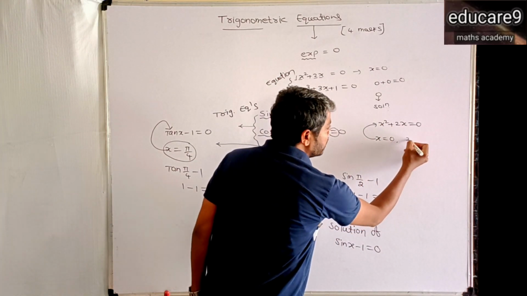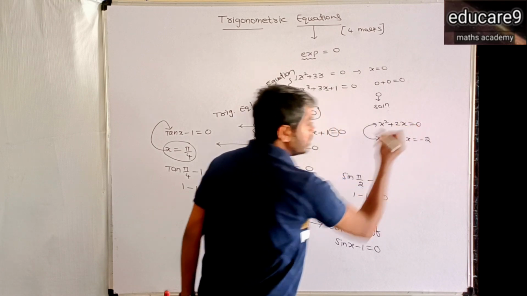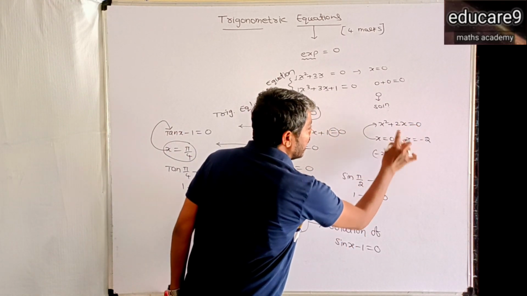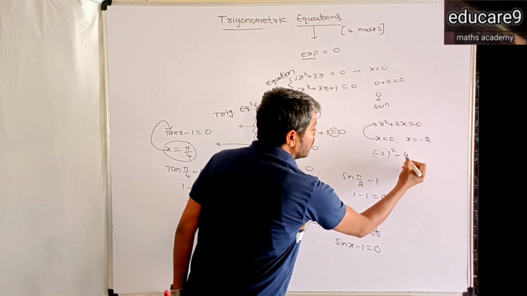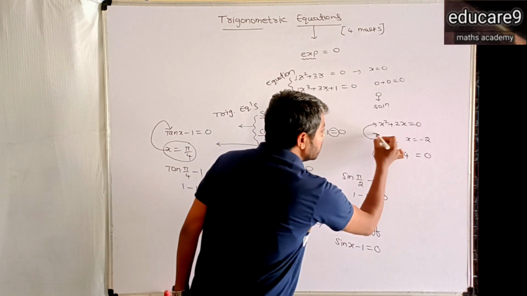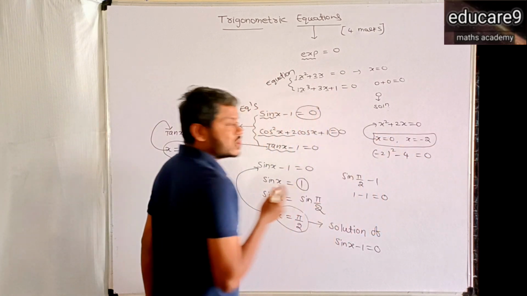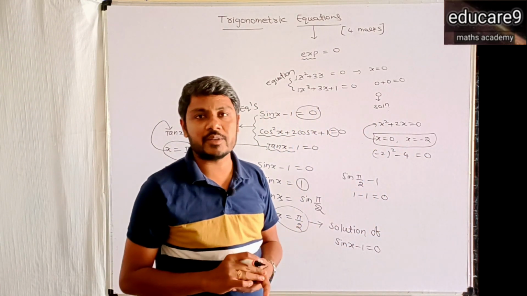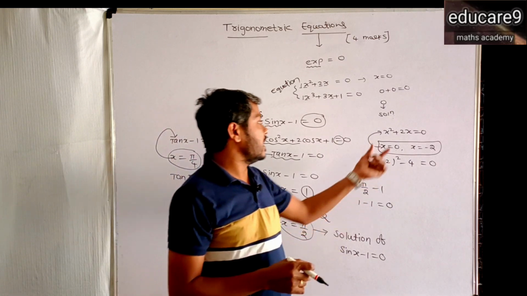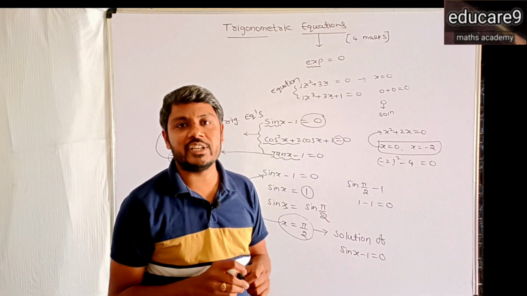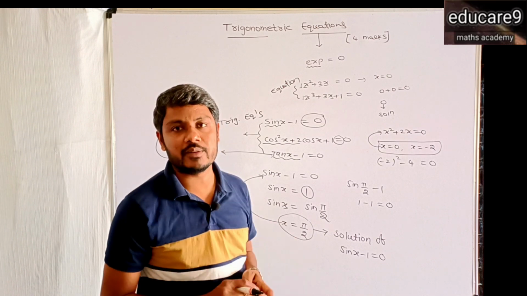Similarly, if you substitute x equal to minus 2, we get minus 2 whole square plus 2 into minus 2, which is 4 minus 4, that is 0. Therefore both 0 and minus 2 are solutions of the given polynomial equation. Clearly, for a polynomial equation we have finite solutions, depending on the given question.